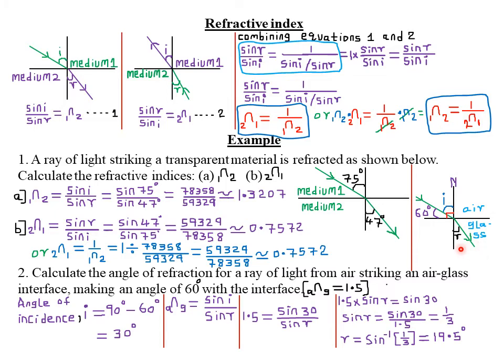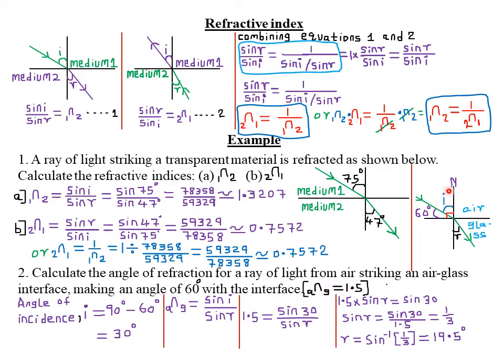Then the angle of refraction is always the angle between the normal, which is the vertical here, and the refracted ray. Therefore, the angle of incidence i will be given by, remember the normal usually makes an angle of 90 degrees with our interface. Therefore, the angle from the normal to the interface is always perpendicular, or is always 90 degrees.